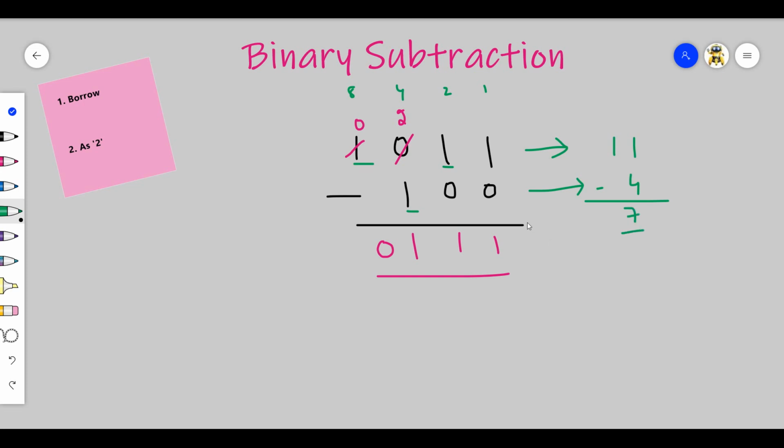Let me check. This is 4 plus 2 plus 1, which is nothing but 7. So I got the correct answer. The only thing you need to remember is when you're borrowing, you need to borrow as 2. Borrow as 2.